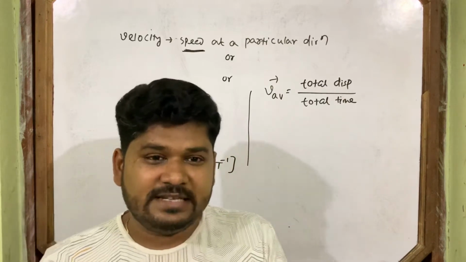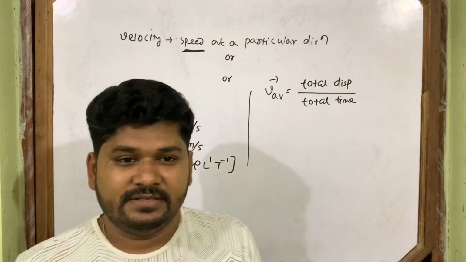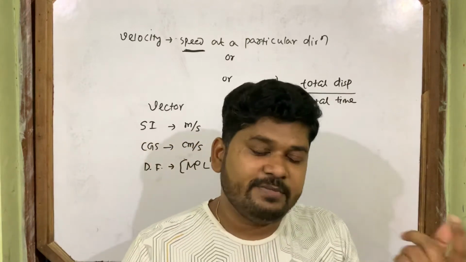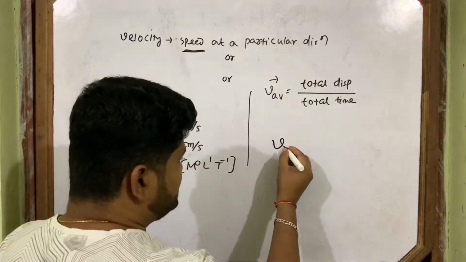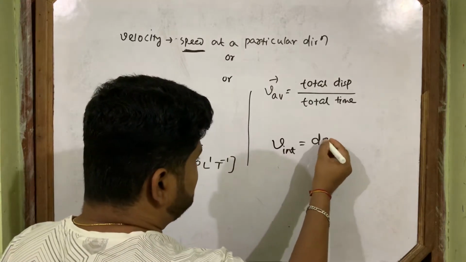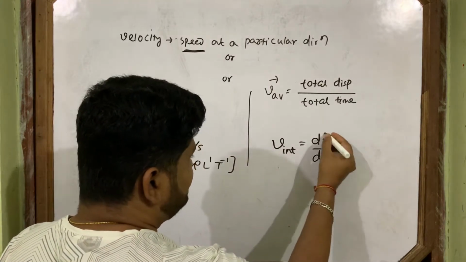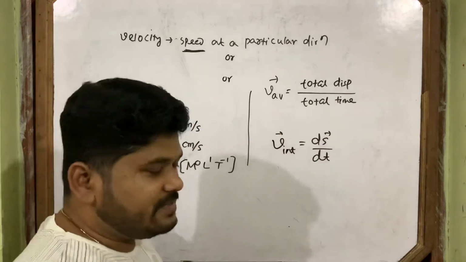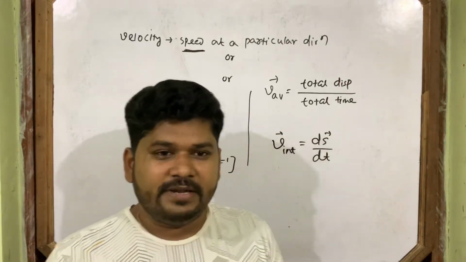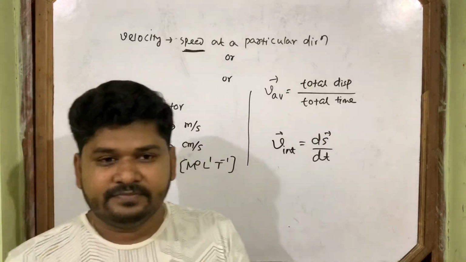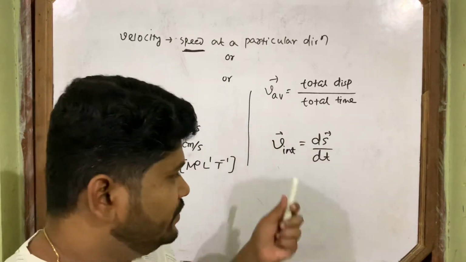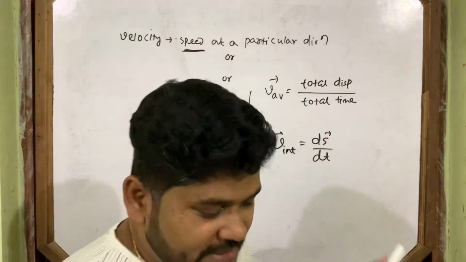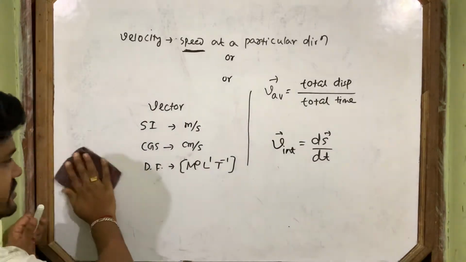A very small distance has a particular direction, so a very small distance is the same as a very small displacement. So instantaneous velocity is also ds by dt, but you write the vector symbol. So whatever you read in speed is also applicable in velocity.